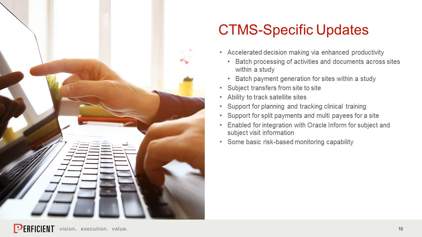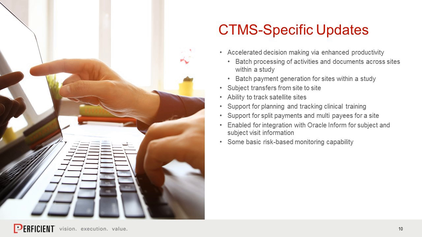Now, let's look at some of the CTMS-specific enhancements that were made in the IP 2016 release of Oracle CTMS. The first area is around accelerated decision-making via enhanced productivity. While previous versions of the application allowed us to perform many activities at the site management level, this version brings added flexibility to allow for batch processing for sites across the study.